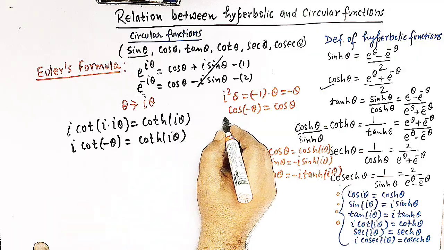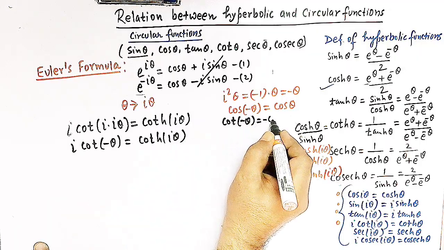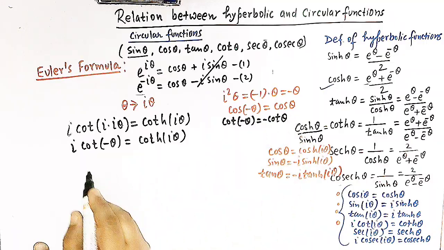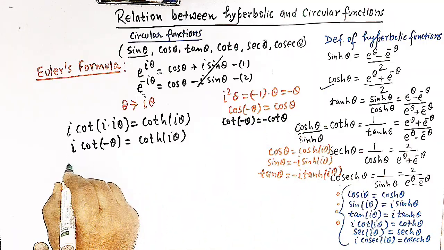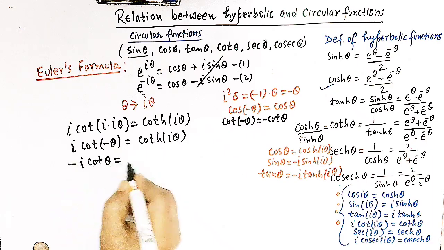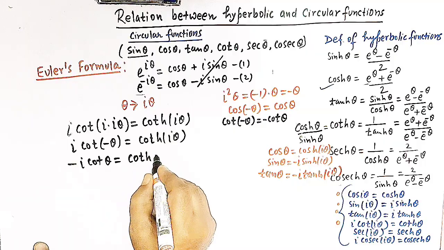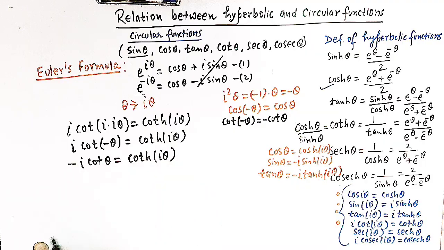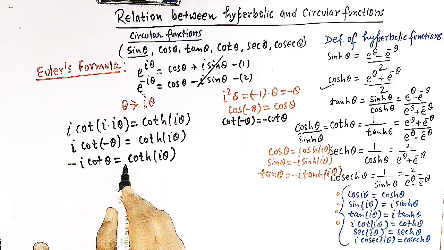From trigonometry, we know that cot of minus theta is equal to minus cot theta, so we can take this negative sign outside. So we have minus i cot theta equal to coth(iθ), right? So this is our fourth relation.